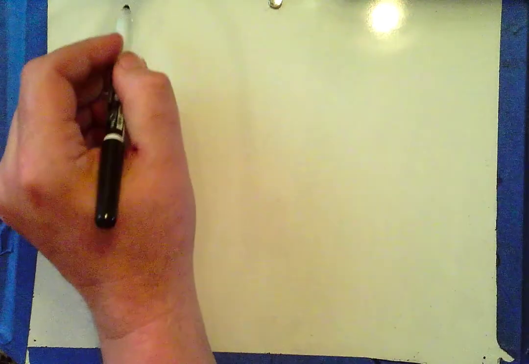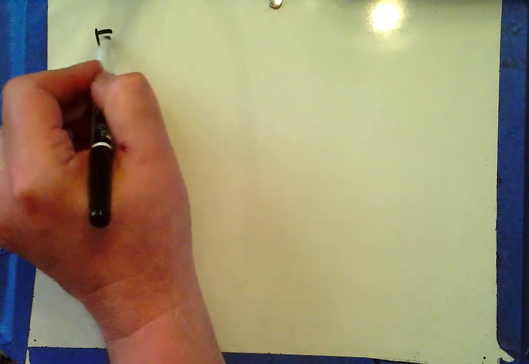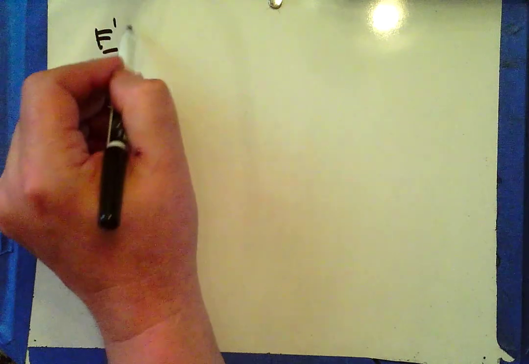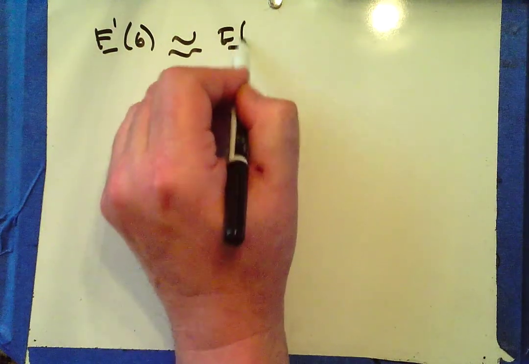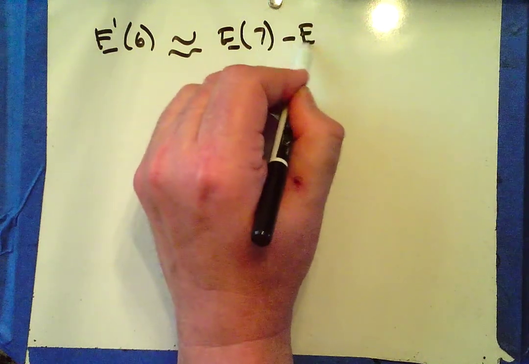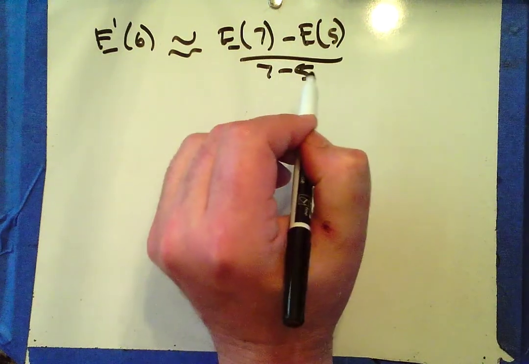Use the data in the table to approximate the rate in hundreds of entries per hour at which entries are being deposited at time equal to 6. So I'm going to say that E prime of 6 is approximately E of 7 minus E of 5 over 7 minus 5.